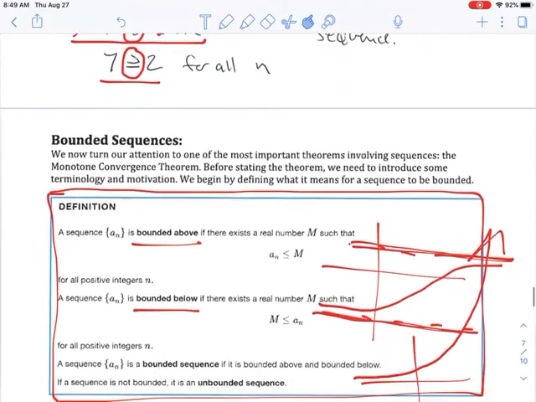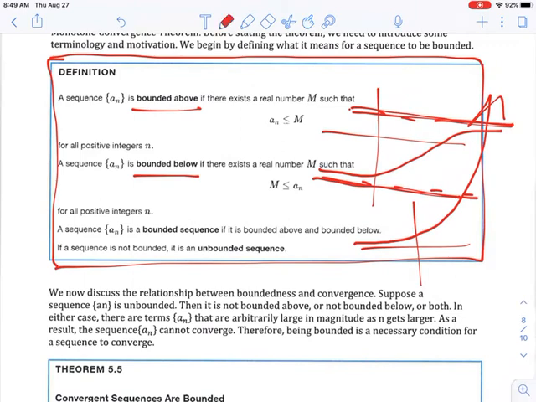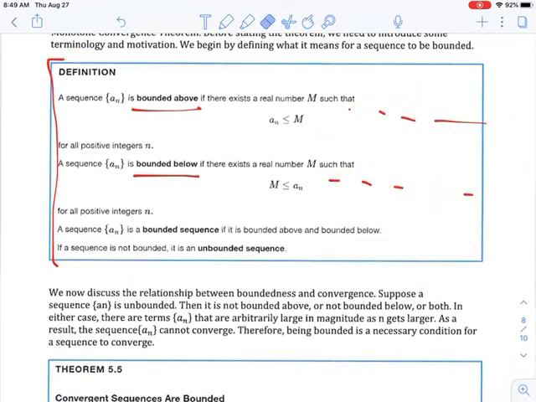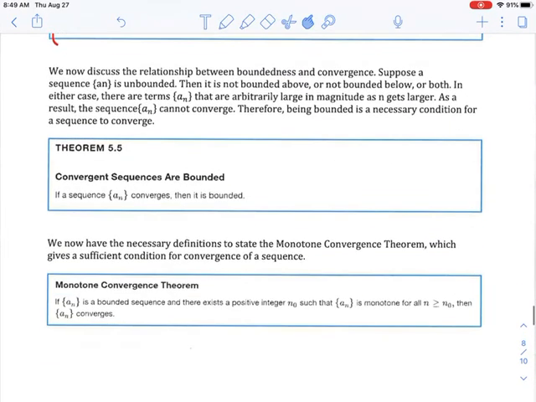So some functions are bounded, some are not bounded. If a function is bounded above and below, then we say it is a bounded sequence. It has to be bounded above and below. And the reason that we want to know that is because of these two theorems right here.